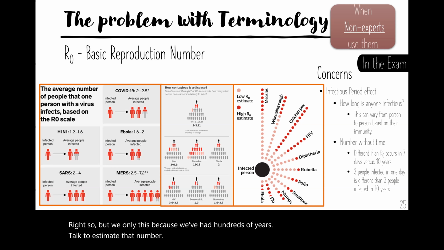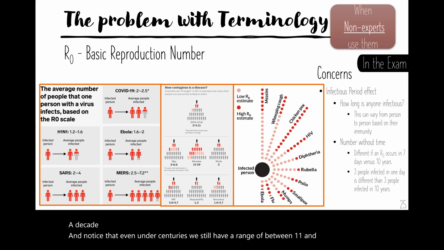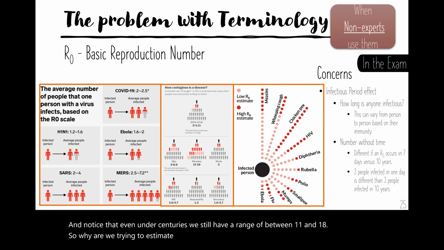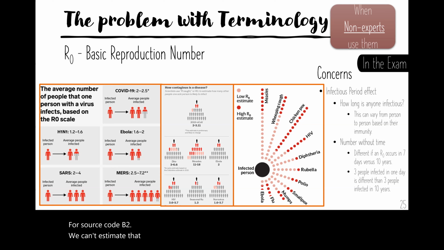Not 6 months, not a decade, centuries. And notice that even under centuries, we still have a range of between 11 and 18. So why are we trying to estimate this for SARS-CoV-2? We really can't estimate that yet. We need a lot more time and a lot more information.